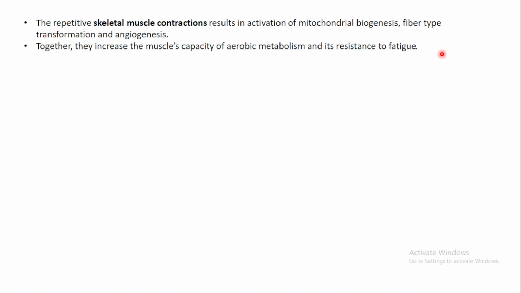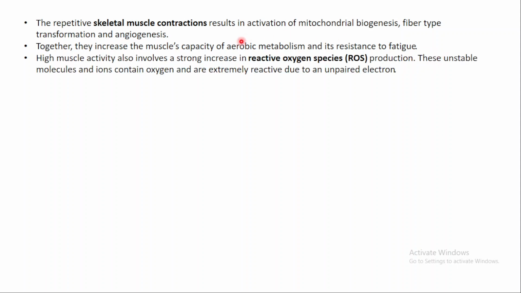So why does the body do that? Because now the muscle needs more energy. It needs more aerobic metabolism to generate energy for that repetitive contractile motion. Now, high muscle activity also involves a strong increase in reactive oxygen species production. These unstable molecules and ions contain oxygen and are extremely reactive due to an unpaired electron.